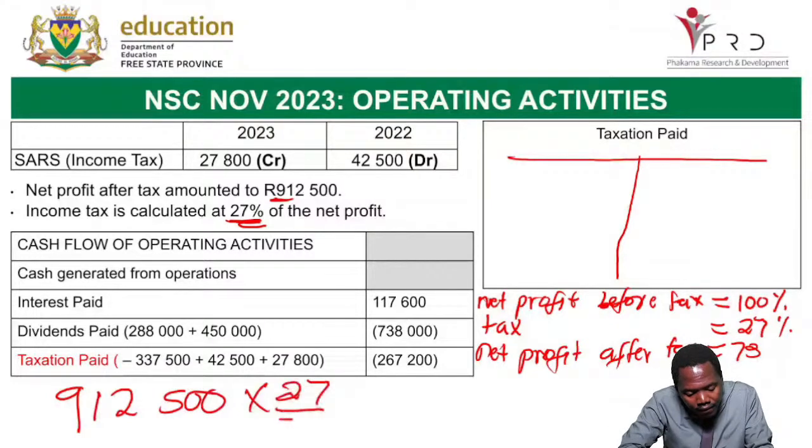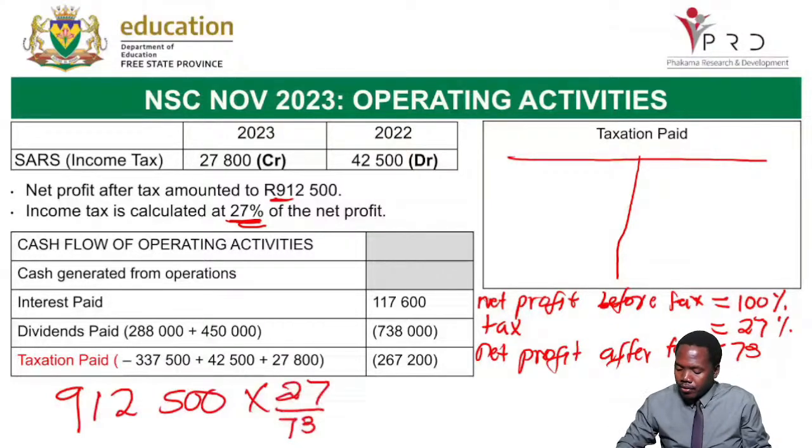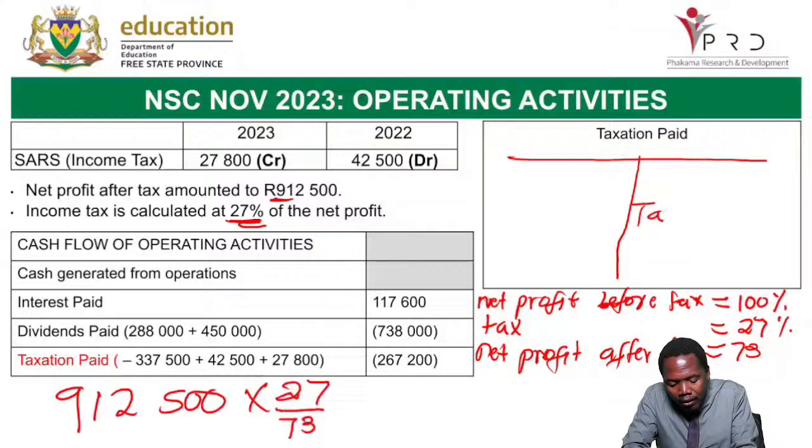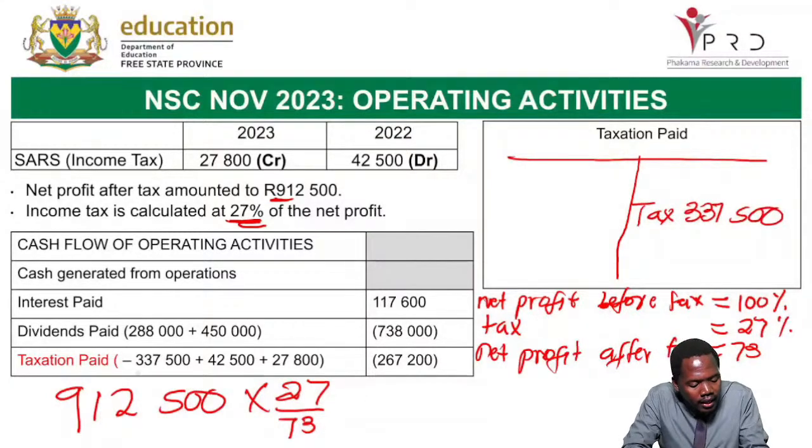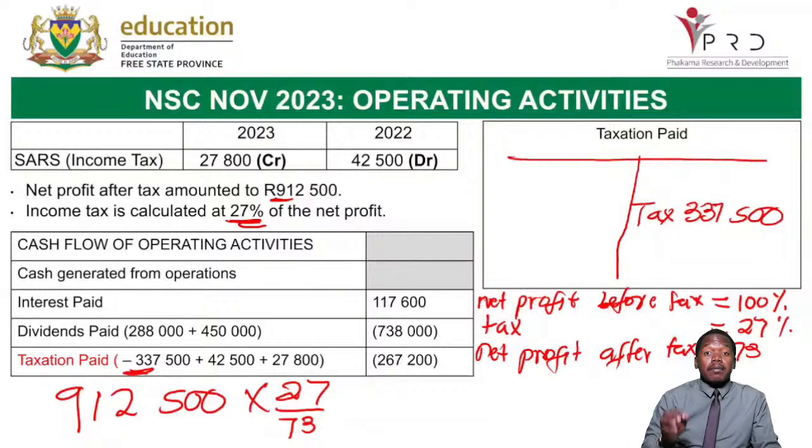So 912,500 multiplied by 27 over 73. Then we get the tax amount to be 337,500. There we have it. It is shown as a minus because I've told you that this must always be a negative.